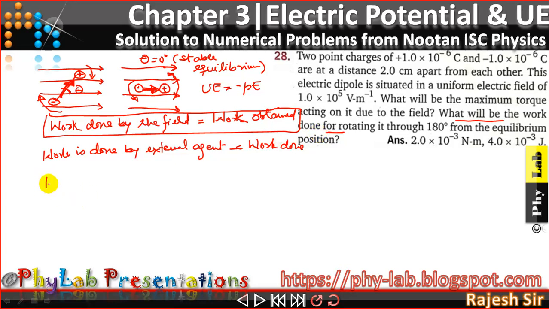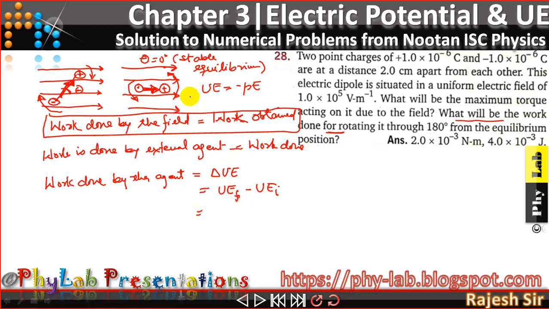So work done by the agent is always equal to change in potential energy. And change in potential energy, so from where? Change always in physics means potential energy final minus potential energy initial. So from where are you going to move the body?